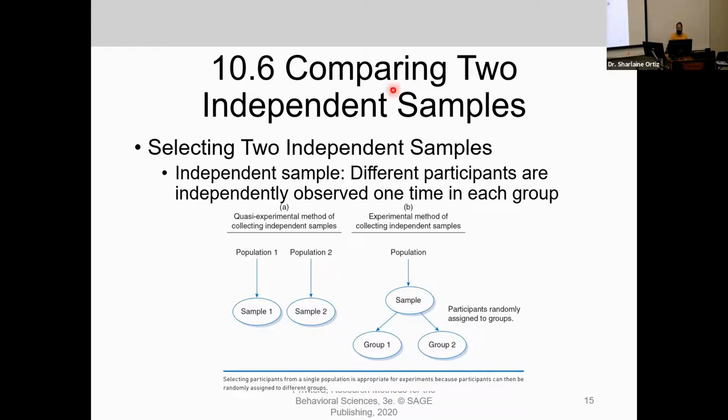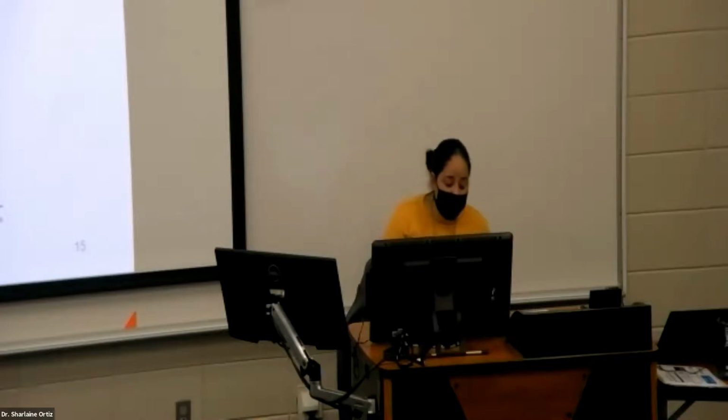Now, one of the things we would need to do is keep comparing the two groups, and in this case they are independent samples. In order to conduct that between-subjects design, we are going to ensure that participants are, first and foremost, selected at random and assigned at random.